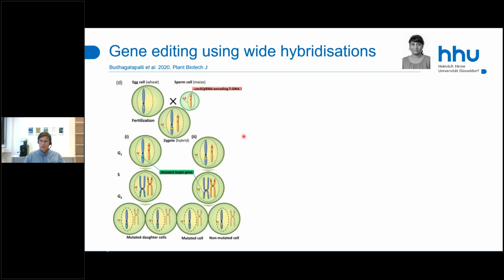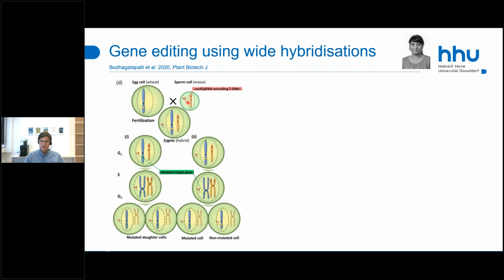Here Nagu used wheat-maize pollination in order to induce mutations. So how does it work? She generated transgenic maize plants which harbor the Cas9 construct targeting a wheat gene.